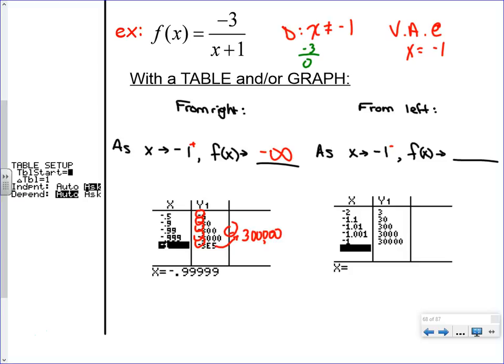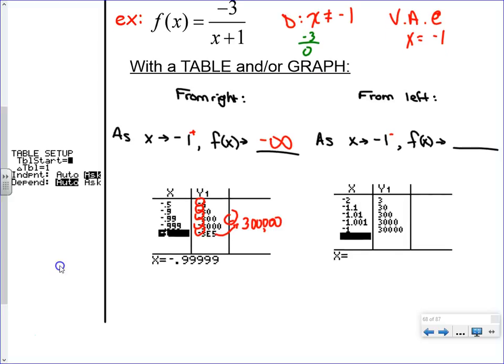But over here in this table, now some of you might be like, hold on, wait, from the right, from the left, what? Negative numbers are a little hard to do this with. But if you think about a number line, if you think about negative 1, where's negative a half?